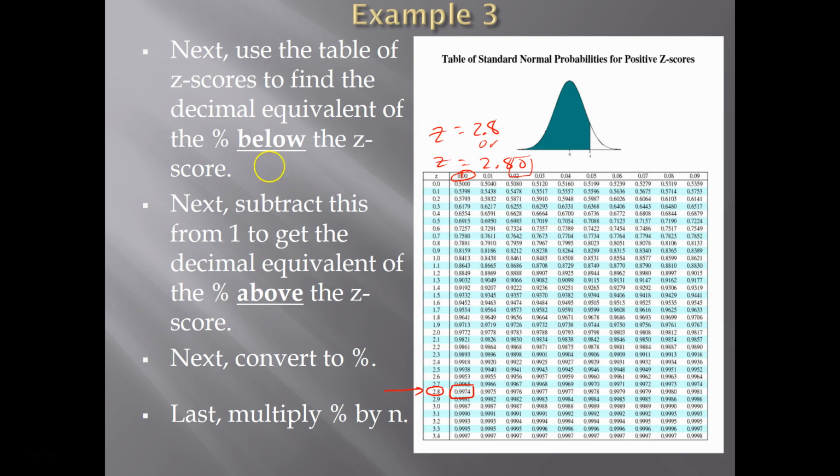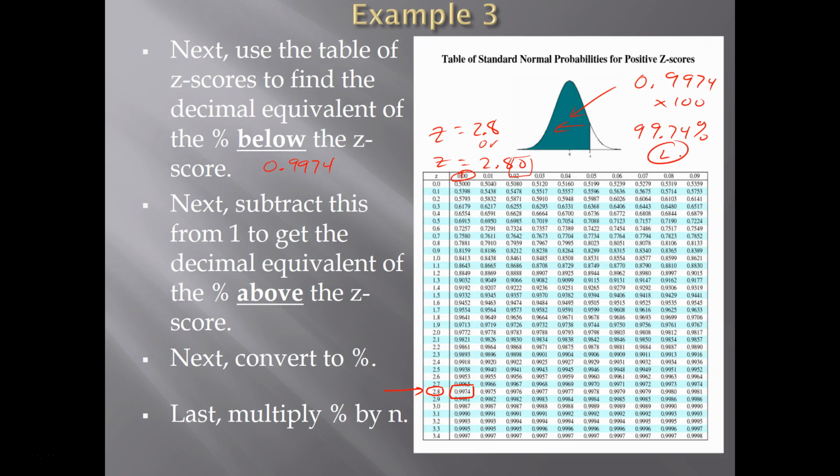Right? So now remember, anytime you look something up on a z-score table, it's always telling you how much is to the left. All right, so this 0.9974, if I make that a percentage, multiply by 100, I get 99.74% goes to the left.